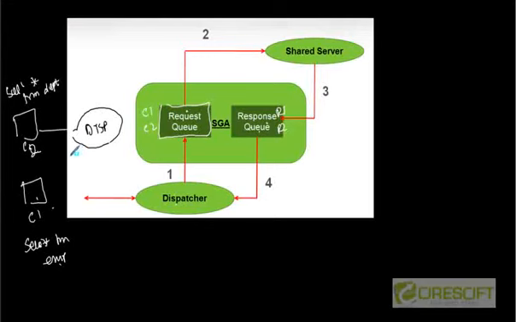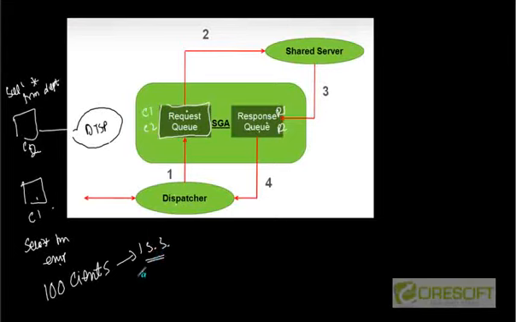a trade-off. So basically we are going to save some dedicated server processes, but instead of that we are going to make life complicated, and this coordination should happen properly. But that makes sense if, let's say, we are going to share 100 clients on one shared server, then yes.